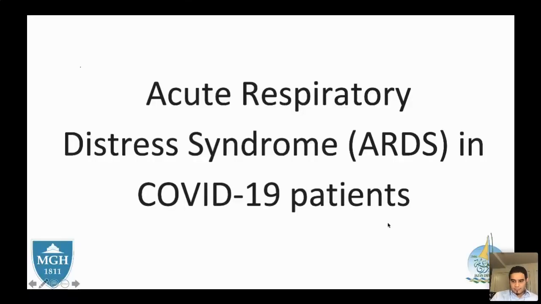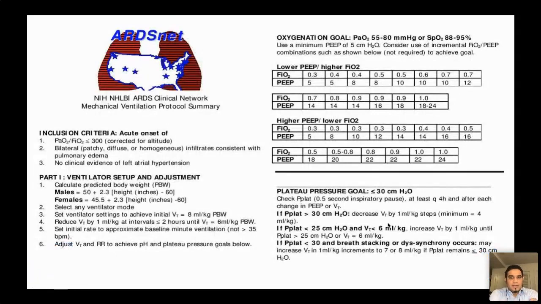So this is the ARDS.net protocol, and I will share it with you. It's a consensus that multiple people were able to come up with. If you look up here, there's a little bit of difference from what I said, and I will discuss why in the upcoming slides, including what tidal volume you should start with.